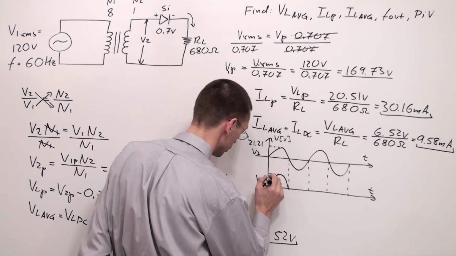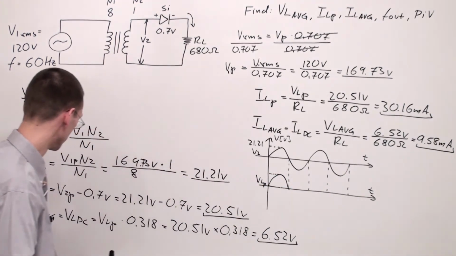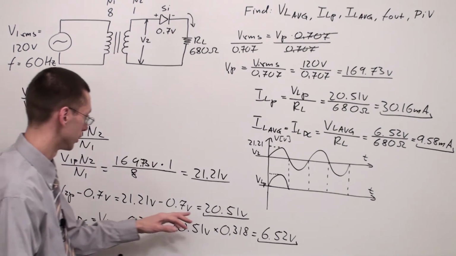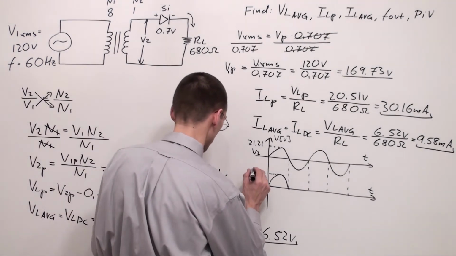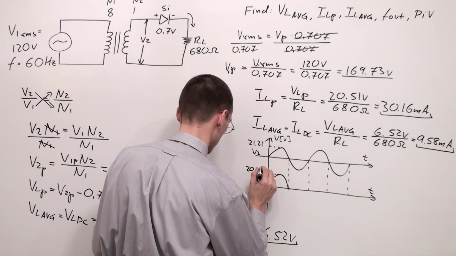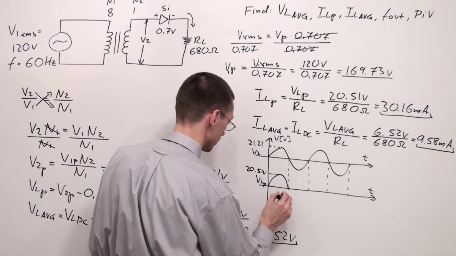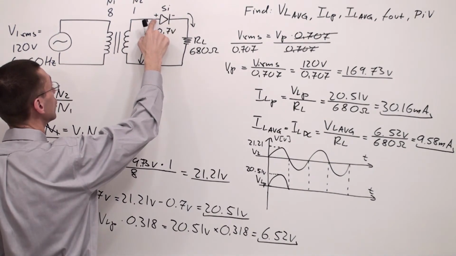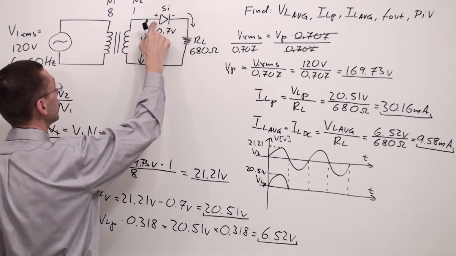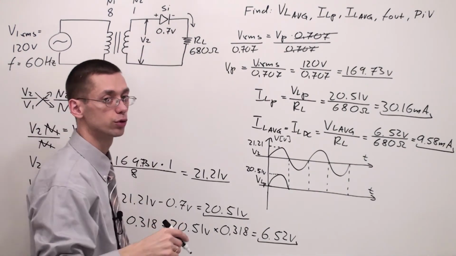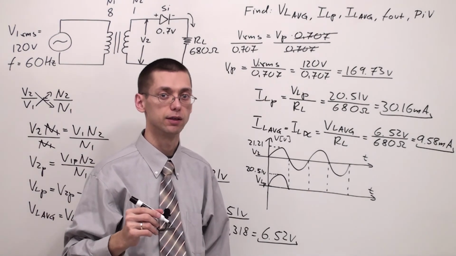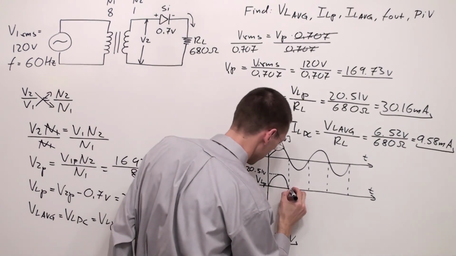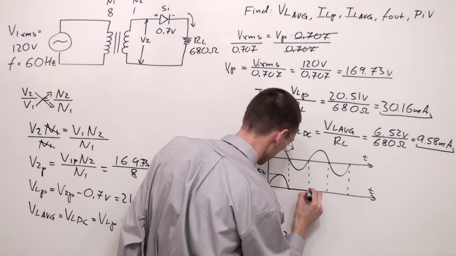Of course, the diode is going to consume 0.7, that's why you are going to have 20.51 volts on the output of the diode. When the negative half cycle comes to the anode, the diode is not going to pass the negative half cycle. That's why you are going to have 0 on the output.